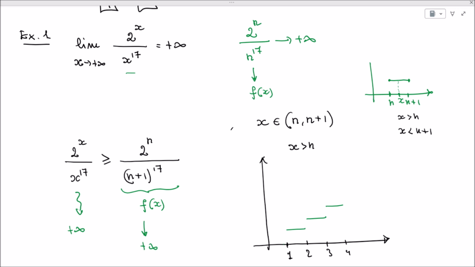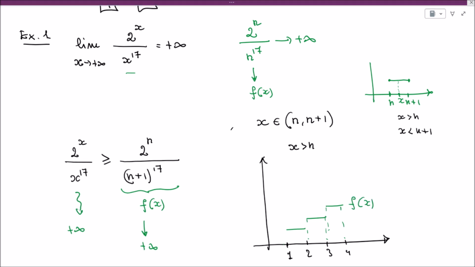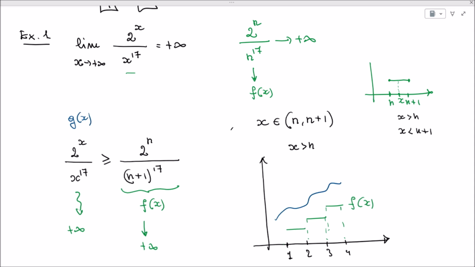So in other words, we have built a function f of x, and this g of x, which is the function on the left hand side, will stay on top of f of x. So if f of x diverges to plus infinity, g of x will be pushed also to diverge to plus infinity, right?